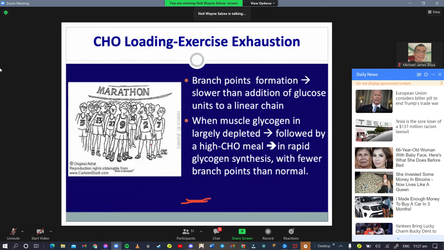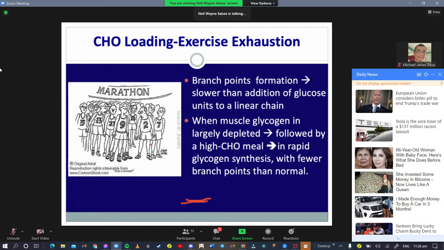So what about carbohydrate loading and exercise exhaustion? You have your branch points that are being formed. This branch point formation is slower than the addition of glucose units to a linear chain. So what happens when the muscle glycogen is largely depleted, most especially in marathon runners?